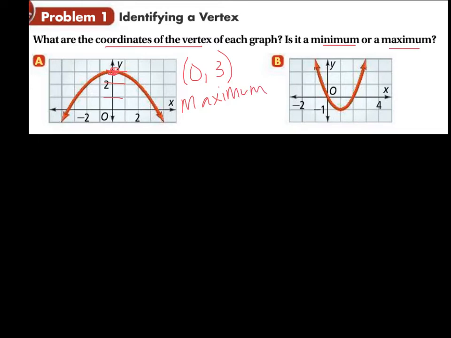In part B, we can see that that vertex is a low point right here at x being 1 and y equal negative 1. So here my vertex is at 1, negative 1, and because it is the lowest point on the graph, we say that that vertex is a minimum.